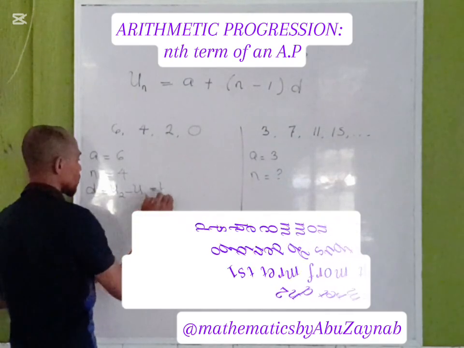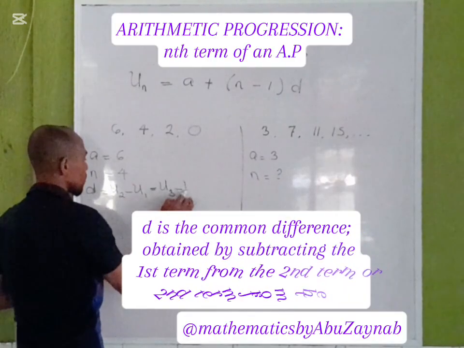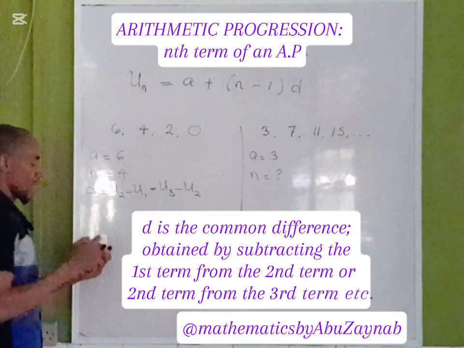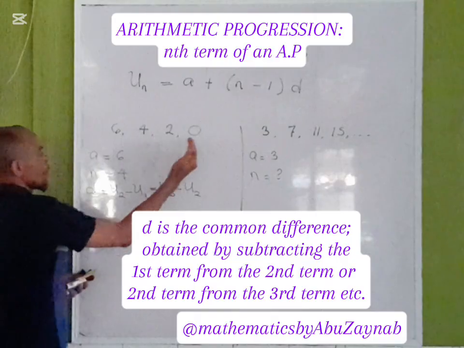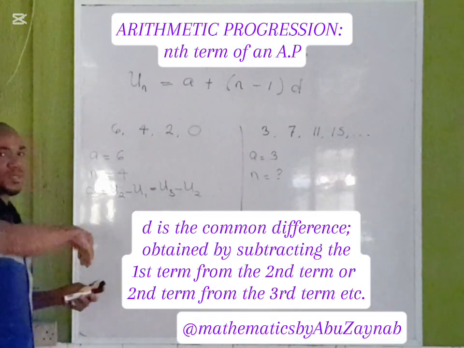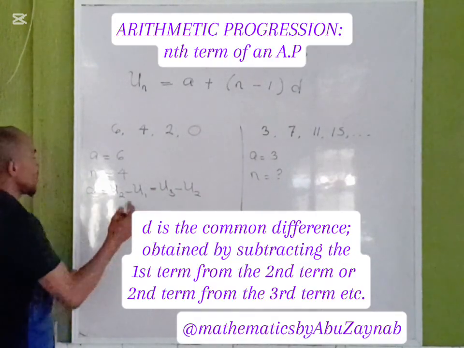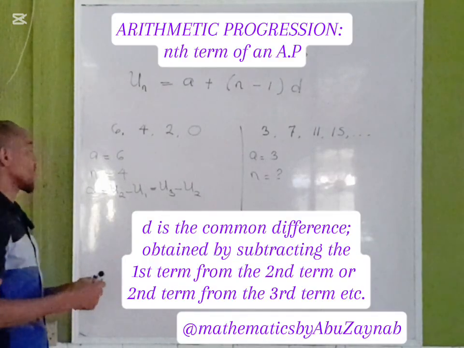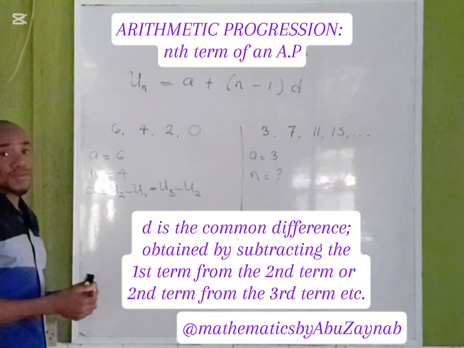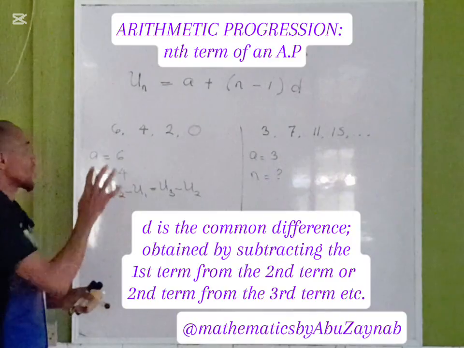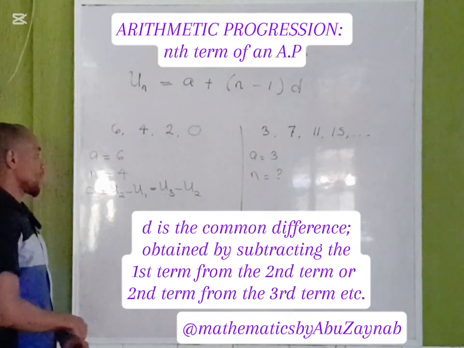Or we say the third term minus second term, on and on. We can also say the fourth term minus third term. So if in the successive subtractions we get the same answer, we call that the common difference, and that establishes that the sequence is an AP.